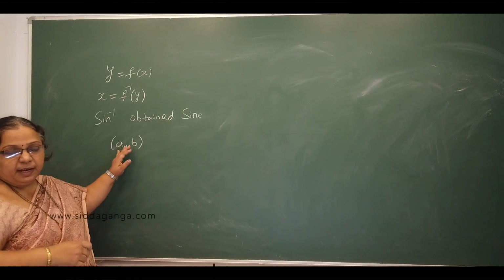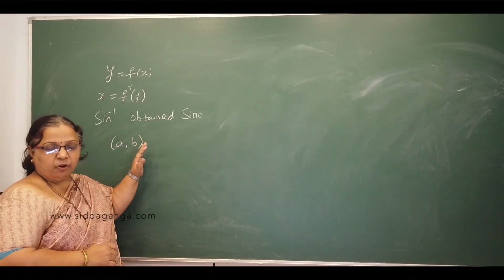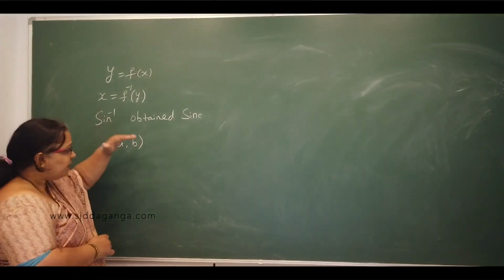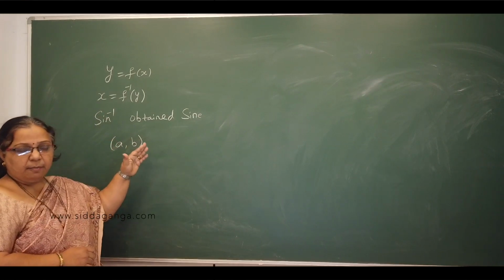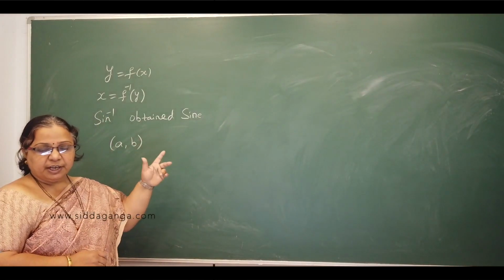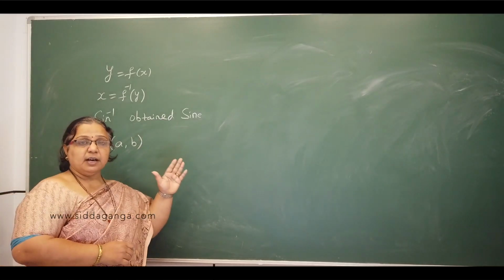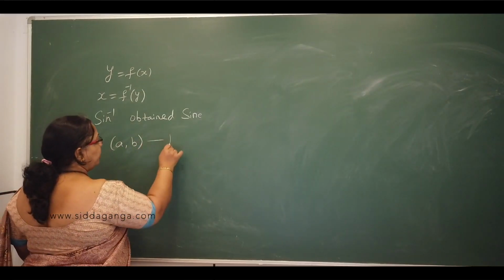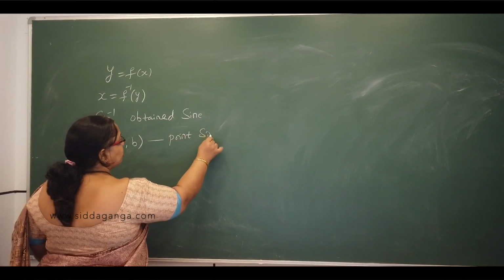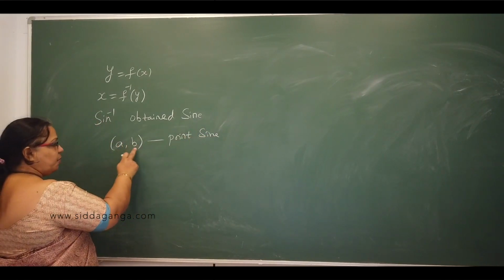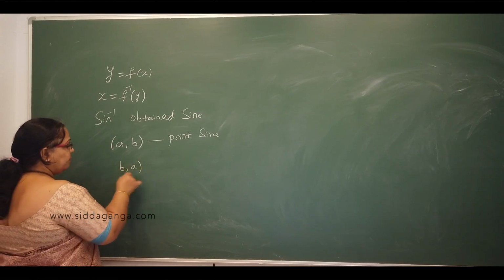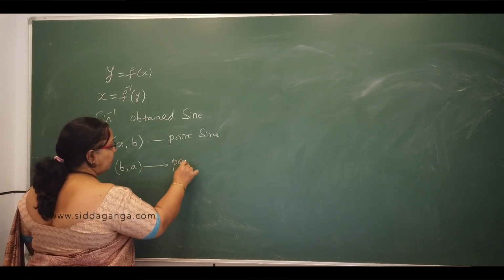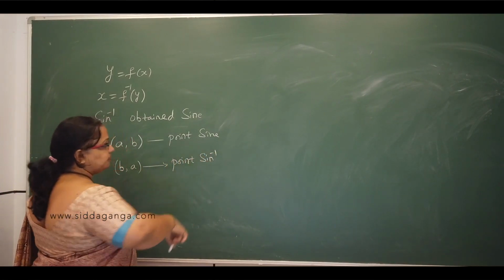If a comma b is a point on the graph of the sine function, then b comma a, by interchanging x and y, becomes the corresponding point on the sine inverse function.